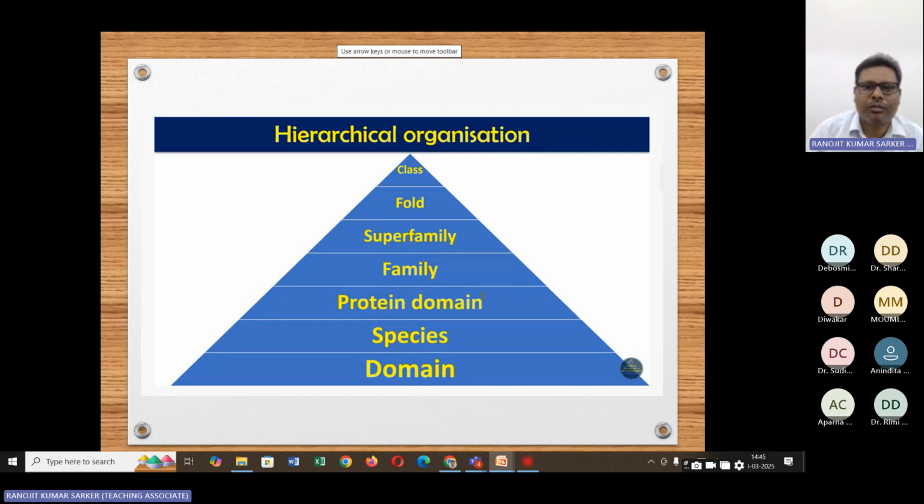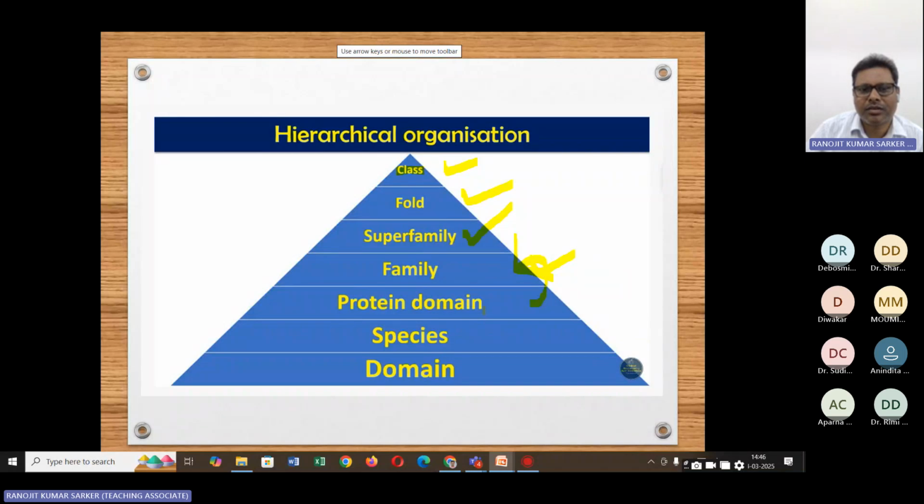At the top there is class. Now one class can have many folds. One fold can have many superfamilies. Under a superfamily there will be many families, and a number of protein domains constitute a family.